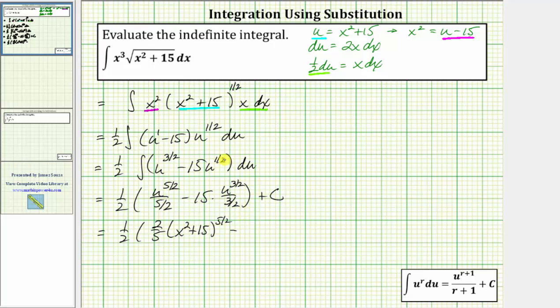And then we have minus 15 dividing by 3/2 is the same as multiplying by 2/3. And u to the 3/2 is really x squared plus 15 raised to the 3/2. And now let's distribute the 1/2. 1/2 times 2/5 is 1/5.